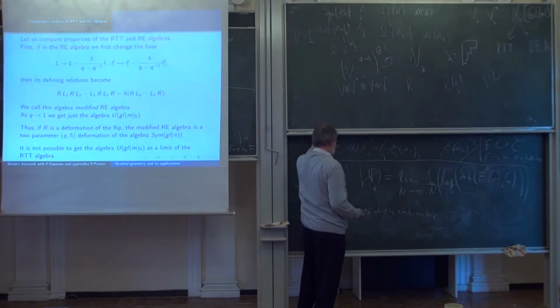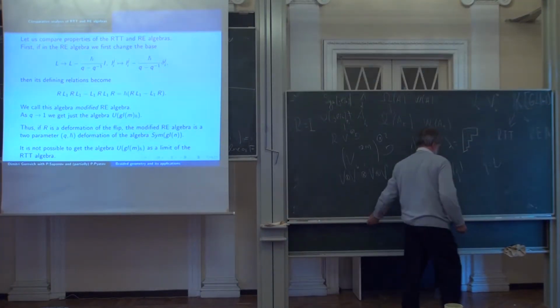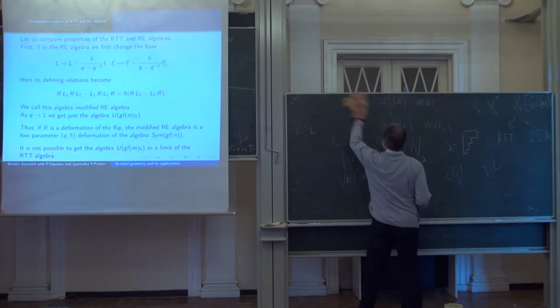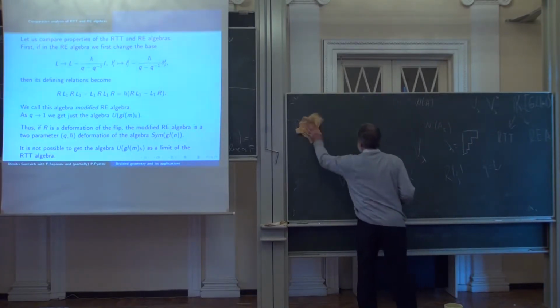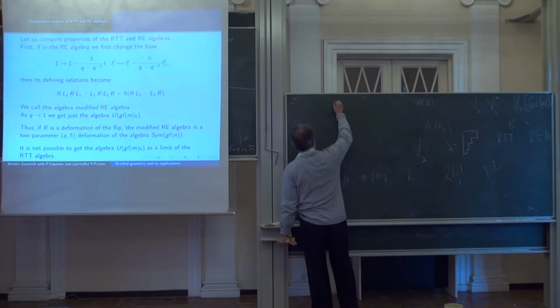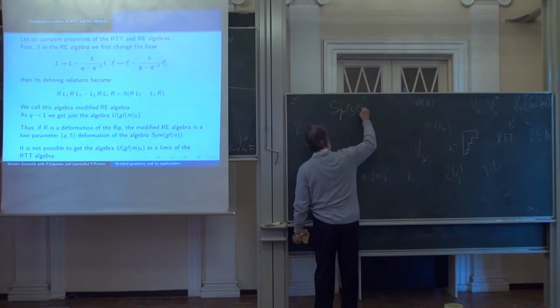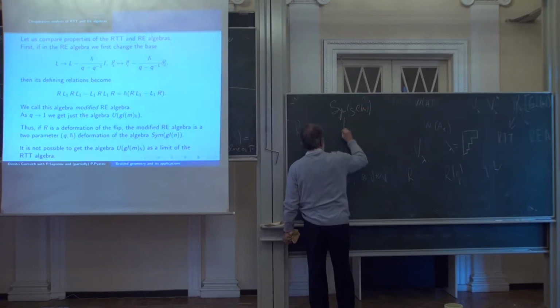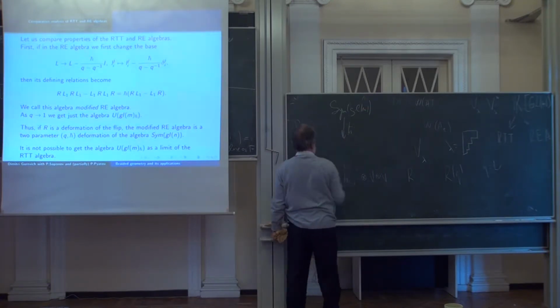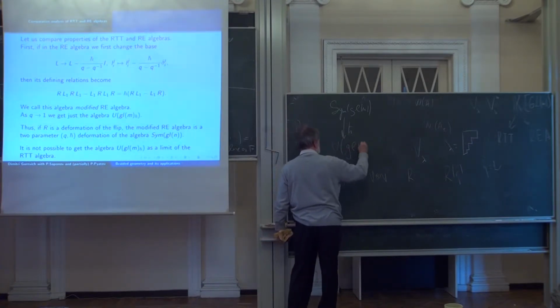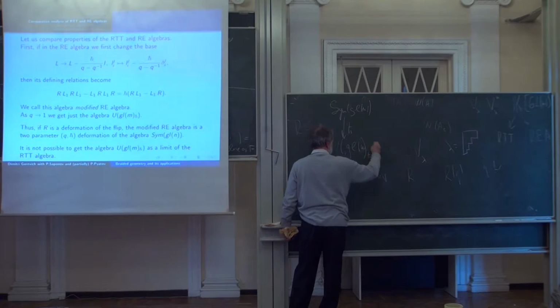We have a two-parameter deformation. We have a commutative algebra, which is nothing but the symmetric algebra of gl(N). We have a deformation in h bar, which is the enveloping algebra of gl(N) with h bar.